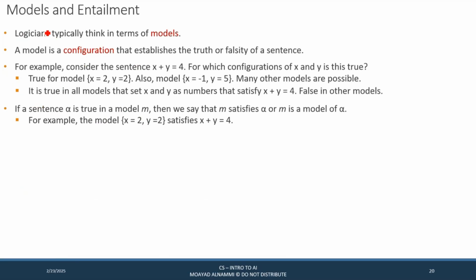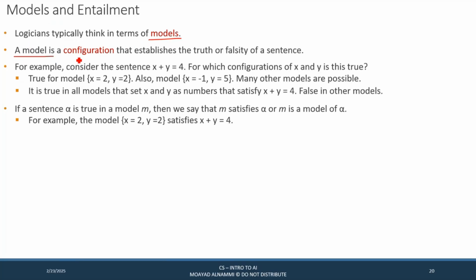Another aspect of logical languages is something called models and the concept of entailment. If you don't get this now in this slide, we will give more and more examples in the coming slides until the concept of models and entailment becomes clear. So in logic, we have models.